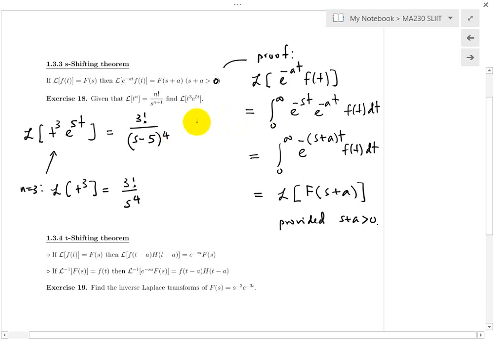So here a is minus 5. Okay. So now you see you don't know what to do.